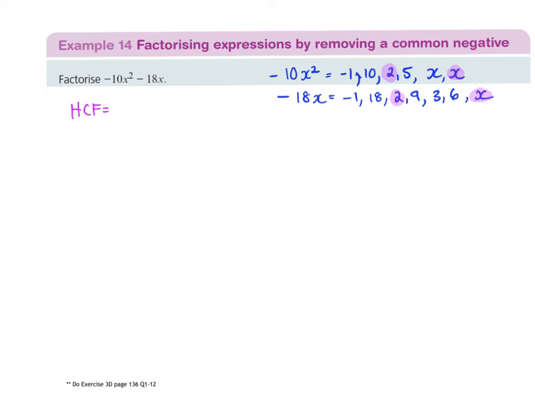Good. And I'm also going to say a negative because they're both negative terms. So the negative is common. So let's go and write this. So we're going to say negative 2x is my common factor. So I'm going to write negative 2x times what will give 10x squared. What do I need to times it by to get this? 5.